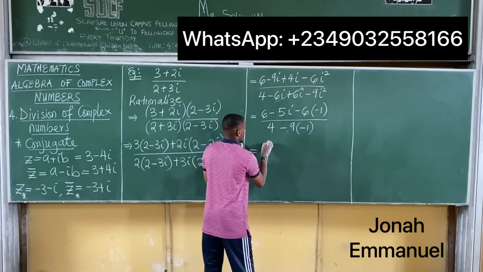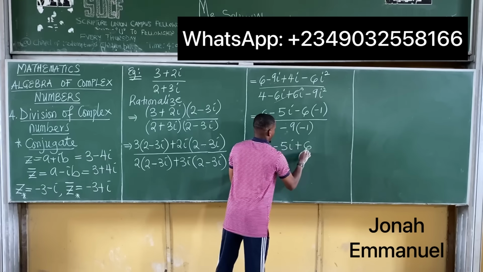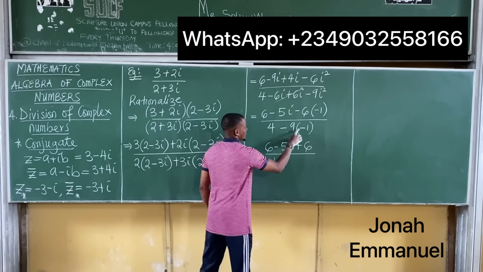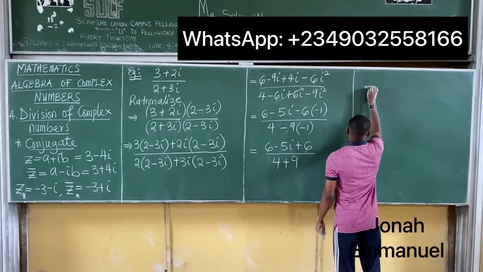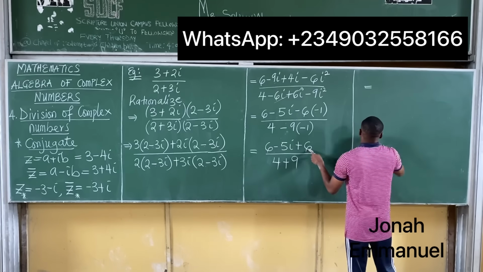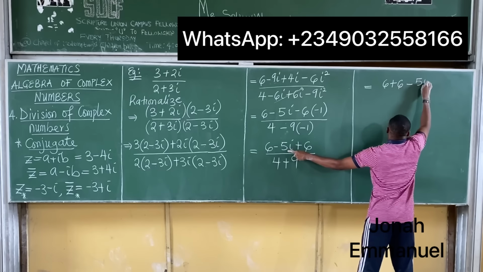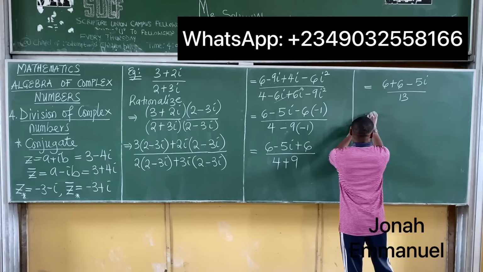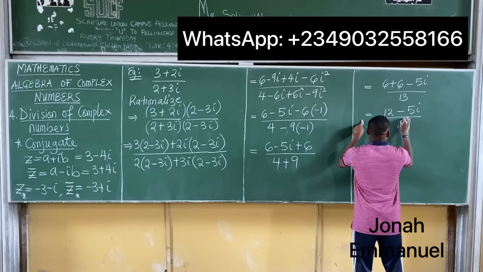So this will be equal to 6 minus 5i minus minus plus 6 all over 4 minus minus plus 9 times 1, 9. So take this and this, that becomes 6 plus 6, that's the real part, and the imaginary part is minus 5i, all over 4 plus 9, that's 13. This is equal to 12 minus 5i all over 13.